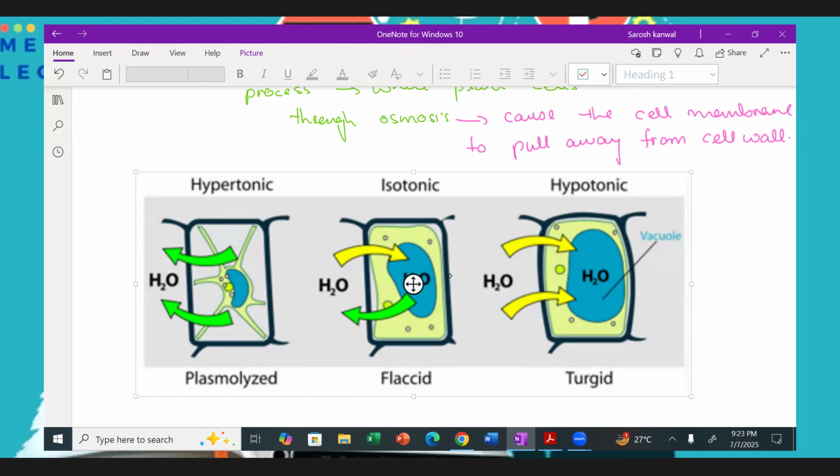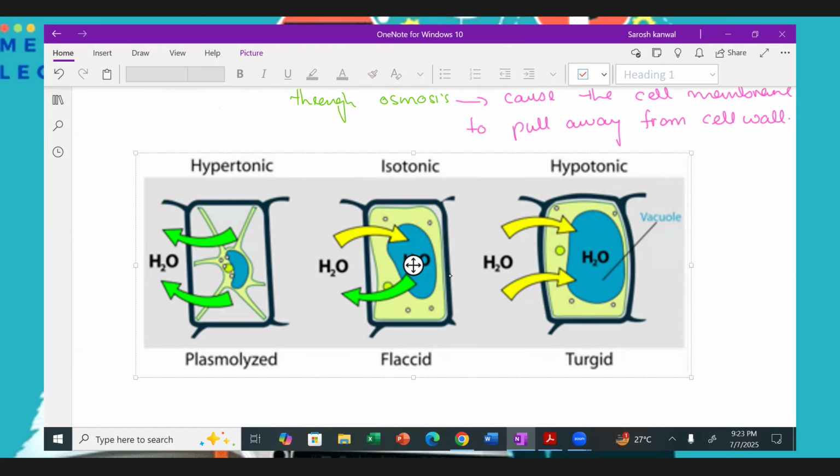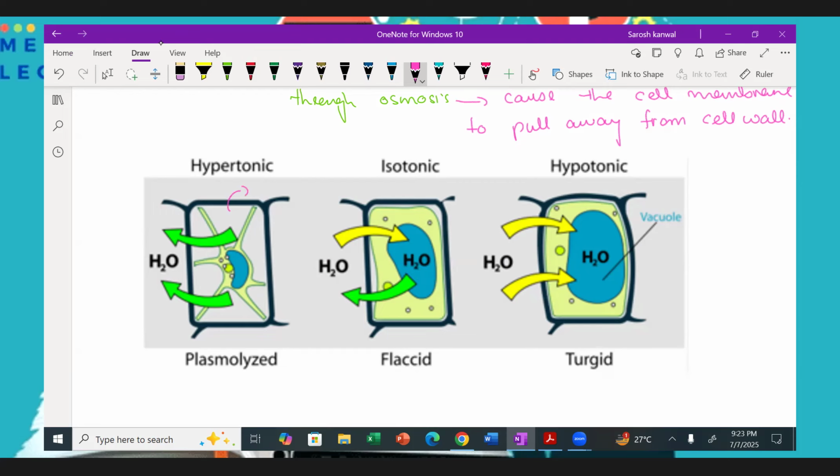See, in hypertonic solution, that is what I told you, the cell has lost enough water that now the cell membrane has moved away from the cell wall, right? It was the hypertonic solution. Now what was a hypertonic solution? One in which the outer solution had a higher concentration of solutes and a lesser concentration of water molecules, right? So what happened in this case is that a lot of water escaped the plant cell, right?